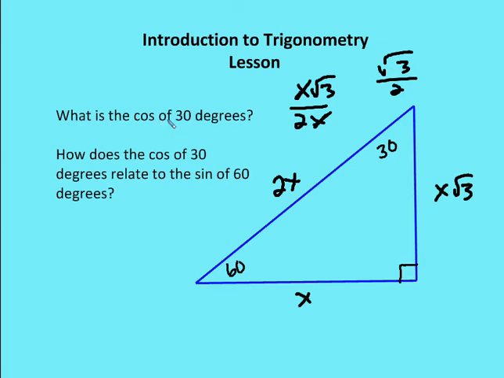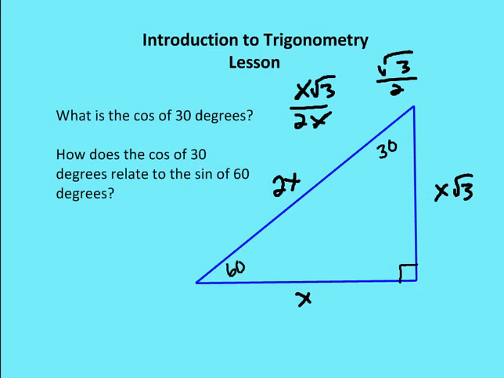Now, if you'll recall, the cosine of 30 degrees is equal to root 3 over 2, and I think you can figure out that the sine of 60 degrees is equal to root 3 over 2.